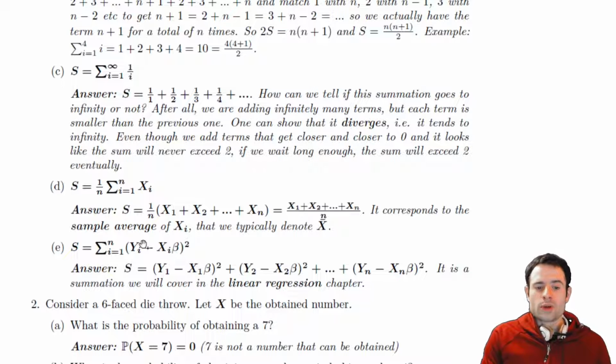We want to predict the wage of someone based on this person's education, or this person's age, or this person's gender, and so on and so forth. So we'll try to predict the wage of someone using how much education they received. Beta will represent the best way to predict yi using the variable xi.